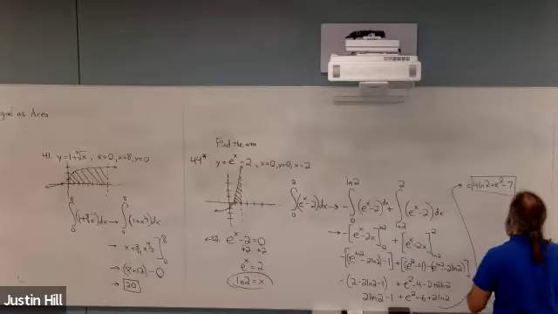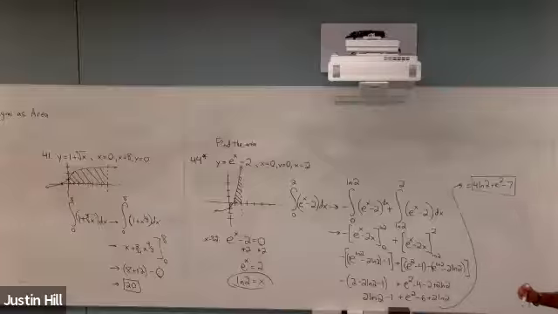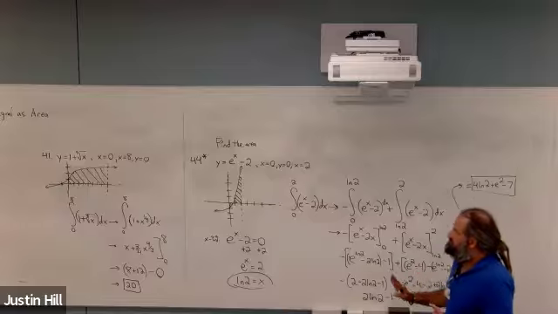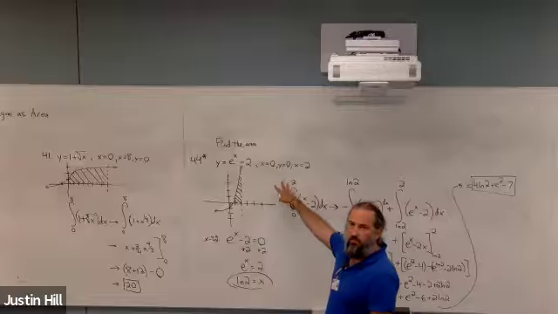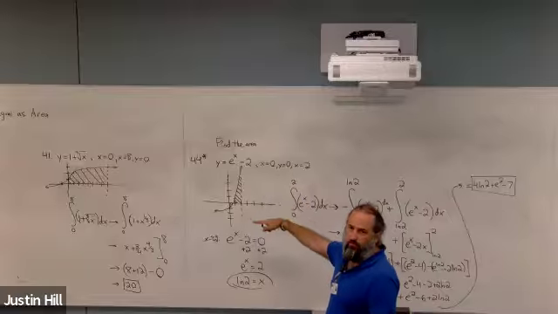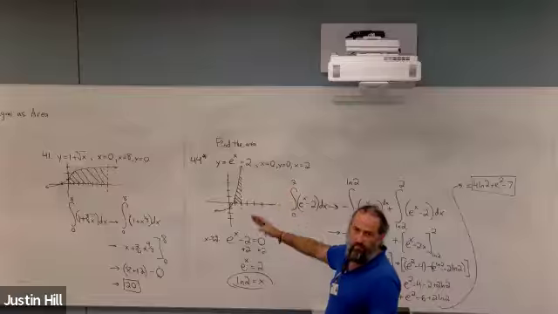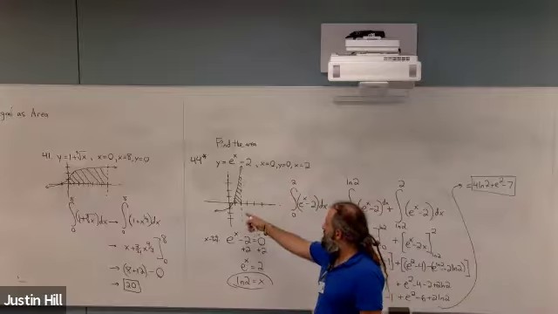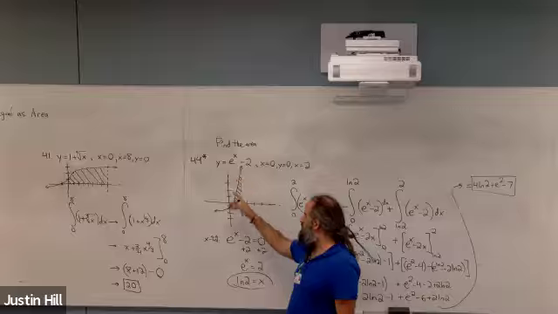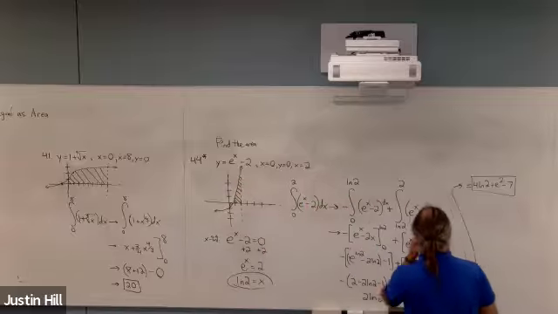However, let's say you looked at this, you didn't realize it was two separate parts, and you just integrated from 0 to 2. You just took the original function and integrated straight from 0 to 2.